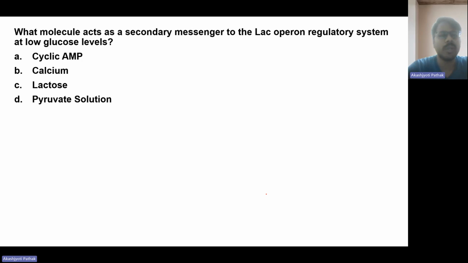Now, what molecule acts as a secondary messenger to the lac operon regulatory system at low glucose levels? At low glucose levels, there is one positive regulation, and this positive regulation is done by the CAP protein. There is this cyclic AMP.